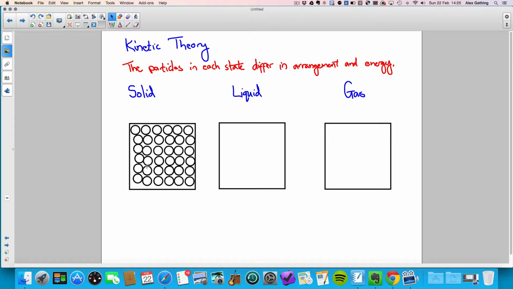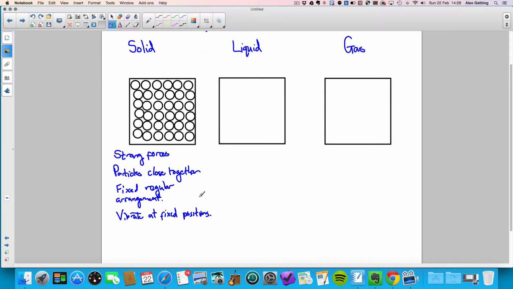Starting with the solid, there are some points you want to raise. You can see the sort of uniform structure I've got there, and some of the features. We've got very strong forces of attraction holding the particles very close together.